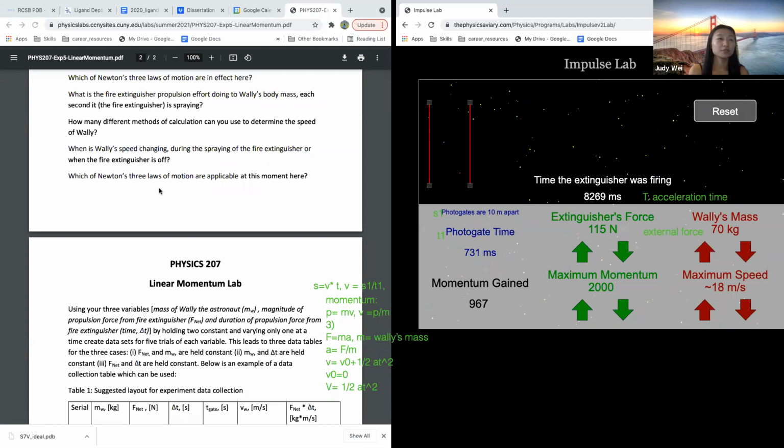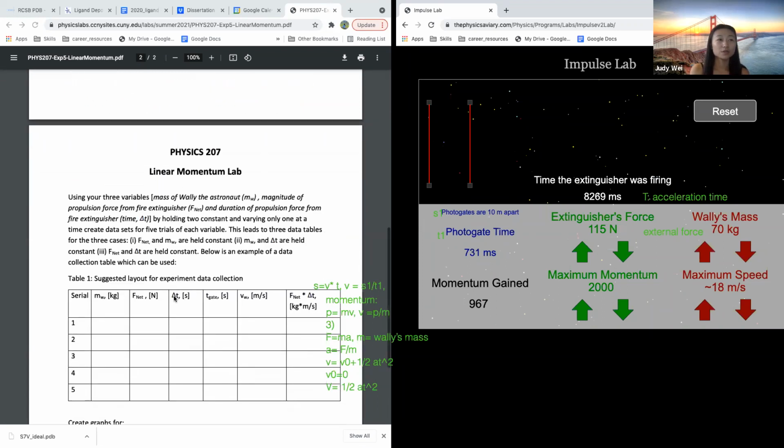So which of Newton's 3 laws of motion applies at this moment? Obviously it's Newton's second law, because when there's an external force acting on the object, it will have an acceleration.